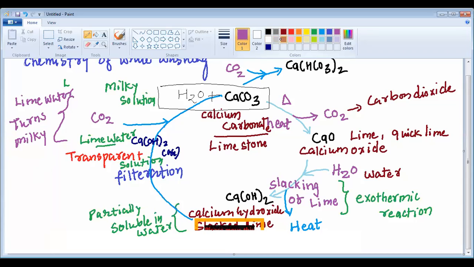Please remember, my dear students, that this calcium carbonate is water insoluble. Or we can say that it is not soluble in water.